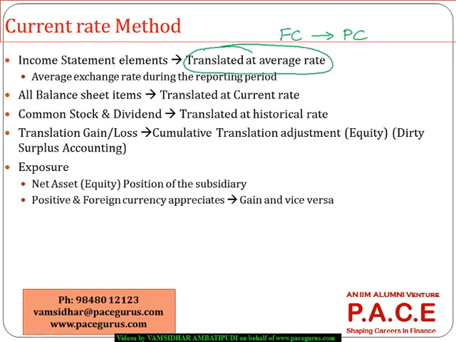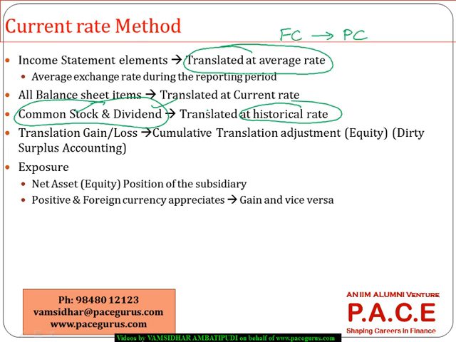And when it comes to the balance sheet items, we are translating them at the current rate. The only exception being the stock and dividends. If the company has declared any dividend and whatever stock was issued, we translate only that portion at the historical rate.